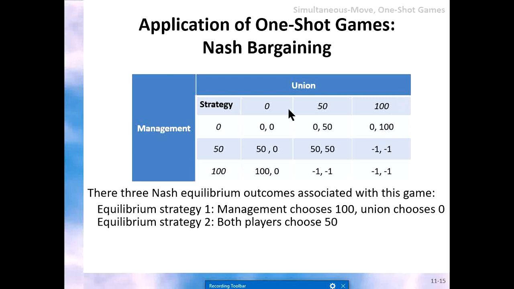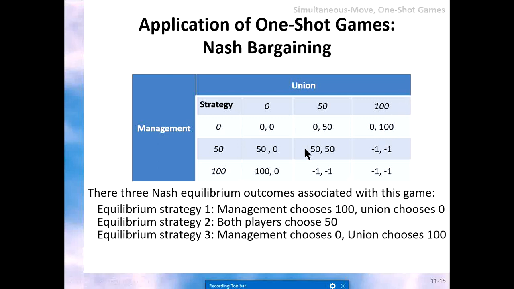And the last scenario, the management chooses to take 0 and the union chooses to take 100. In that case, we come to a deal.